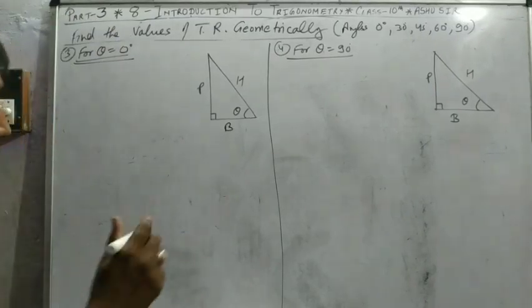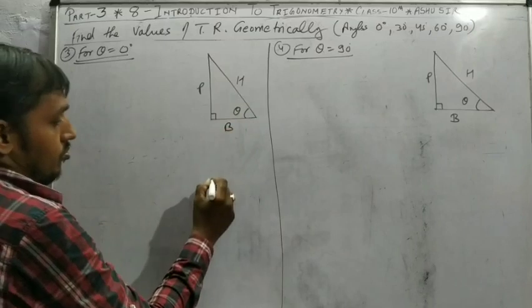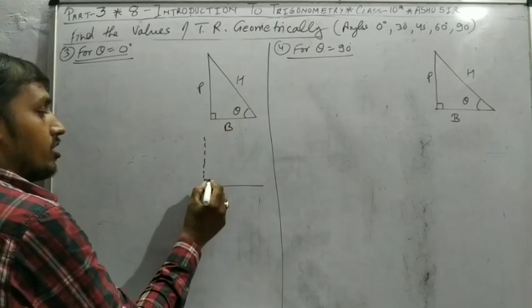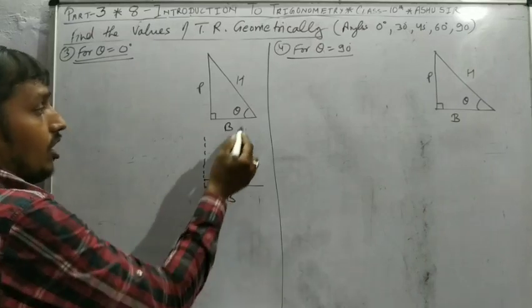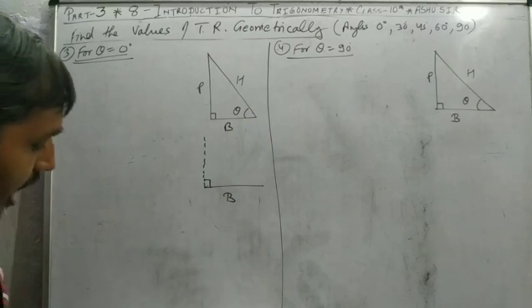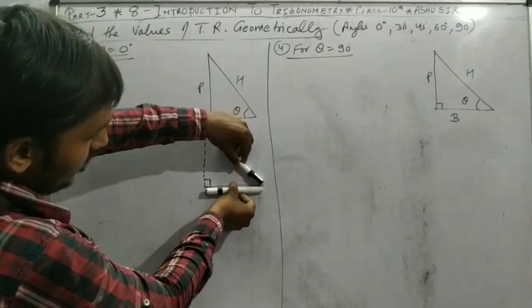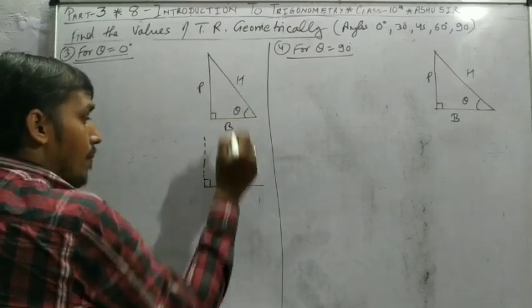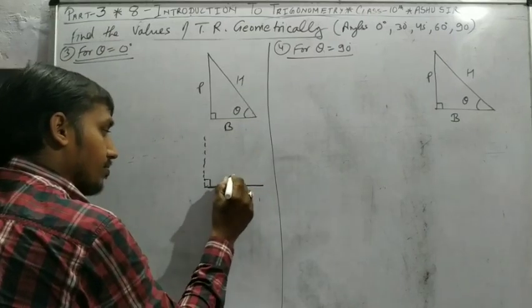So why? If you take theta 0, it means the hypotenuse overlaps the base.